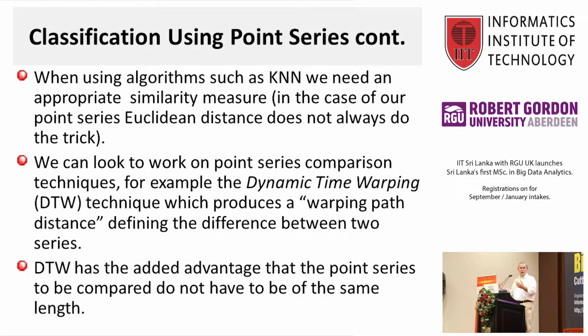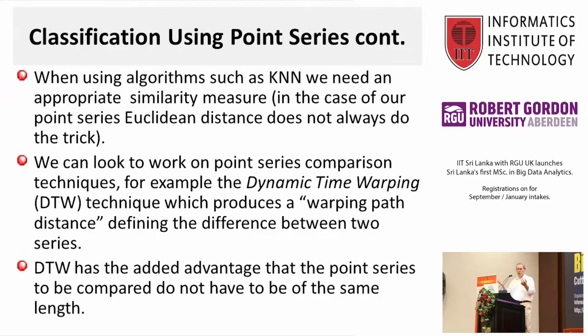The most trivial way of doing that is just Euclidean distance. Each point in the new curve between each point in each curve in the bank. A lot of comparisons going on there, but it requires that our curves are the same length, and again, it's often not expressive enough. So a technique I like using, partly because of what it's called, is dynamic time warping, which sounds very space age.